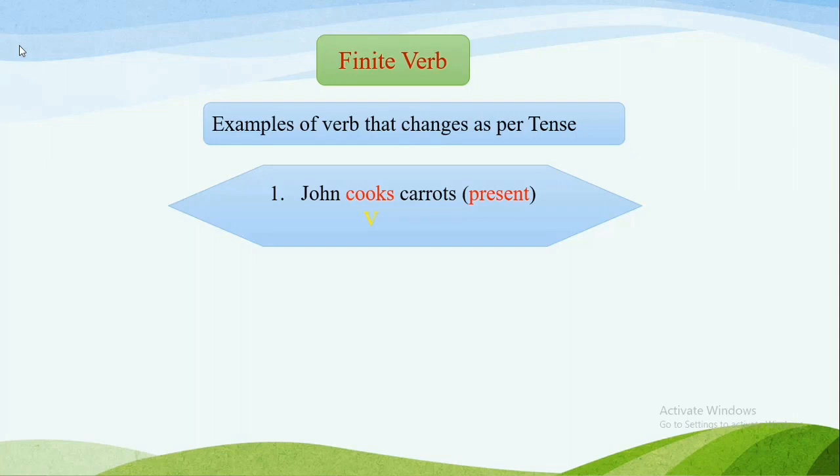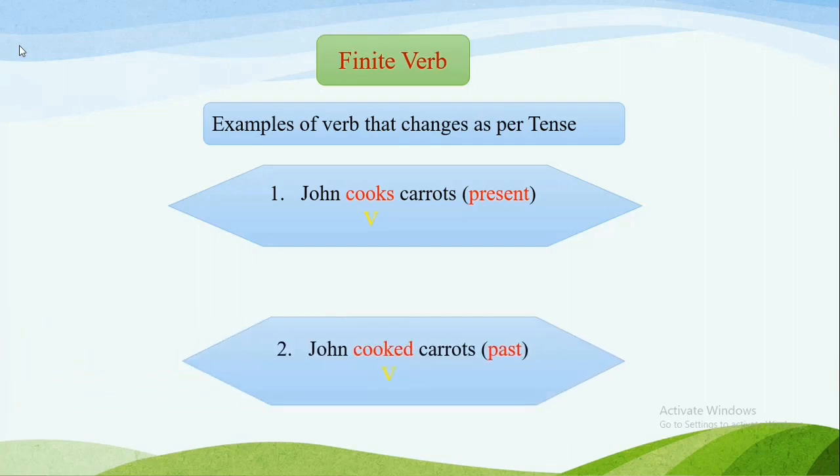Here the verb is cooks. Let's look into another sentence. John cooked carrots. This sentence is in past tense. The verb is cooked. You can say here that the verb cooks changed into cooked as per the tense. So both cooks and cooked are finite verbs.